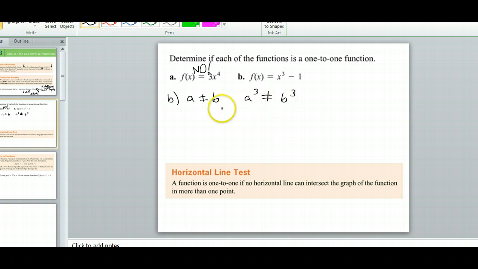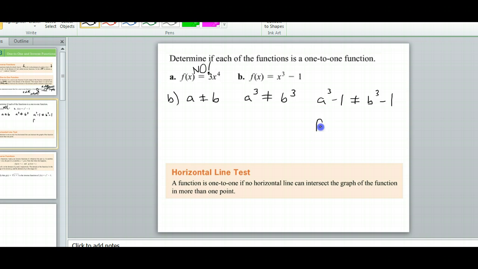Now if I have, again, two things that are still not equal, and I subtract the same thing from both sides, I'm doing the same thing to the side with the A as I am to the side with the B. So if they weren't equal to begin with, and I cube both of them, they're still not equal. And then if I take those things that were not equal when I cubed them and subtract 1 from each one, they're still not equal. Well, what is this?